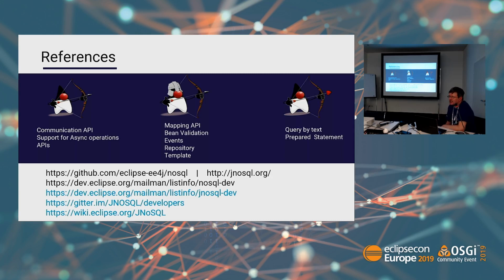So it's a shortcut that will also allow you to find all the necessary GitHub repos, including this demo. There are two mailing lists, although this sounds very similar, but the first one, the NoSQL, is for the NoSQL spec. And the second one, the NoSQL dev, is for the implementation. You can subscribe to both. There's also a Gitter chat, and forum, and an Eclipse wiki.